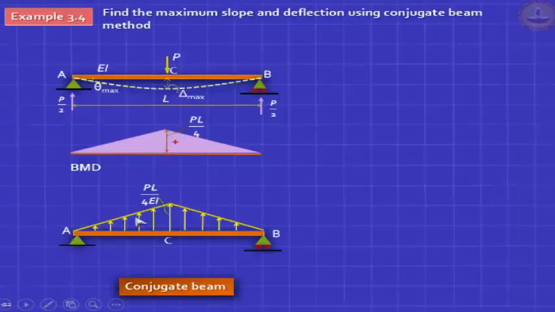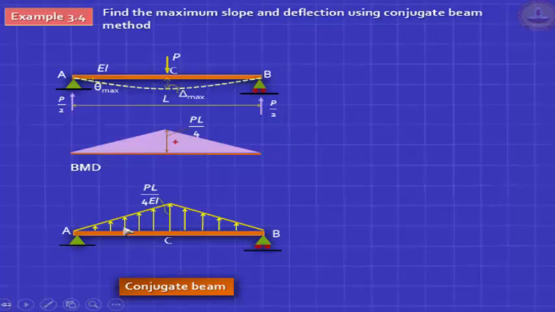So I've got a triangular shaped distributed loading in my imaginary conjugate beam, and if I cut the section anywhere, the shear force in this conjugate beam will give me the slope at the same location. The bending moment in the conjugate beam will give me the deflection at that point.